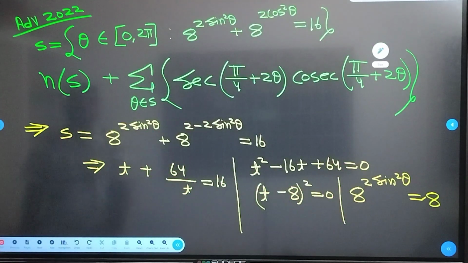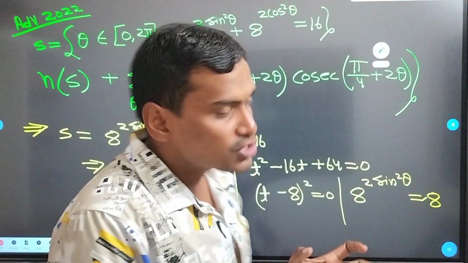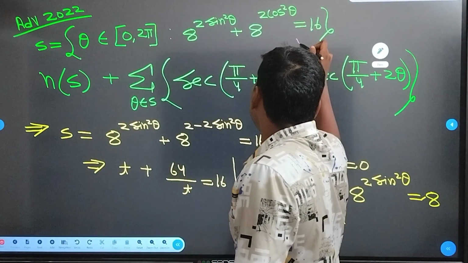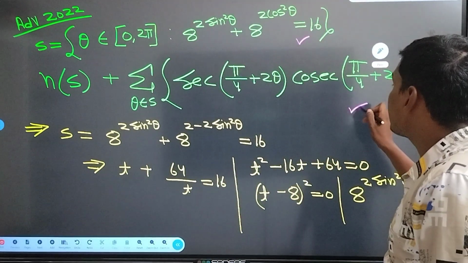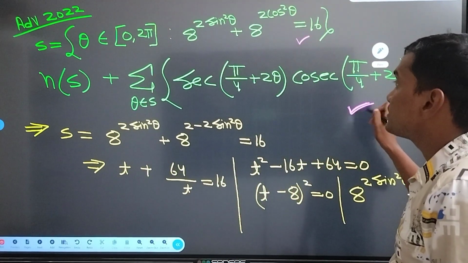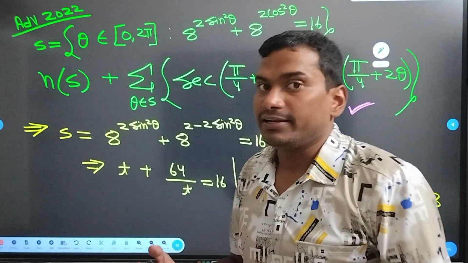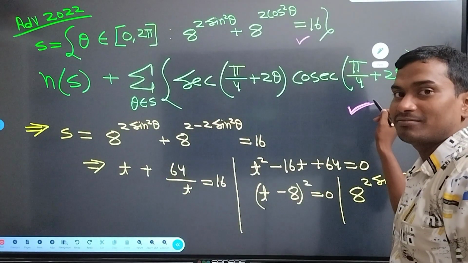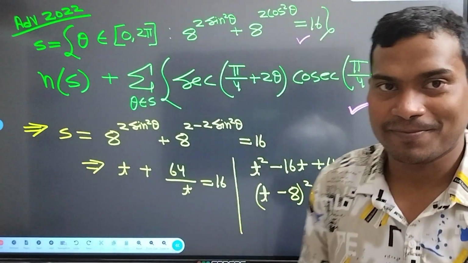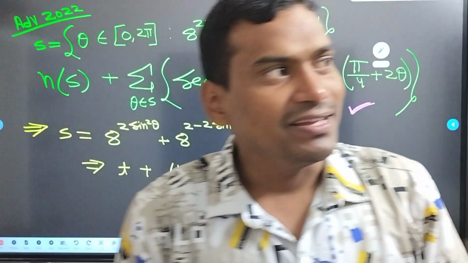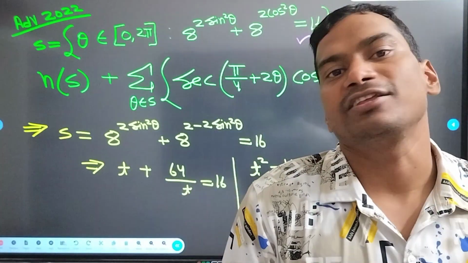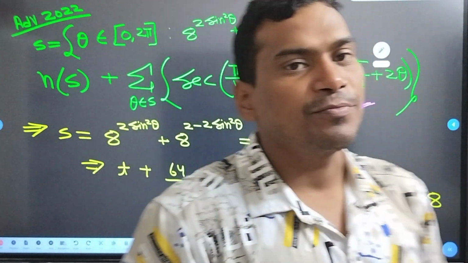Come next. Yes, Advanced 2022, one question was there which was on trigonometric equations combined with this, but at first sight students thought this is going to be the telescopic method, but that was not the case. Many students thought this was a telescopic problem, but it was not. See how we proceed.